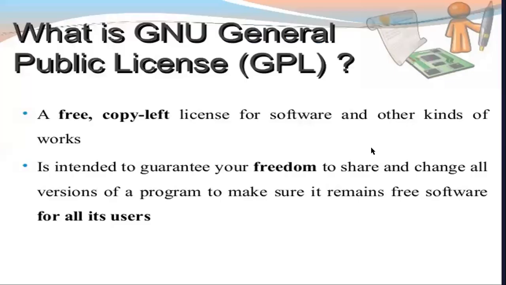Next is the GNU GPL license. GNU GPL is probably one of the most commonly used licenses. It is a free copyleft license for software. It is intended to guarantee your freedom to share and change all versions of a program to make sure it remains free software for all the users.